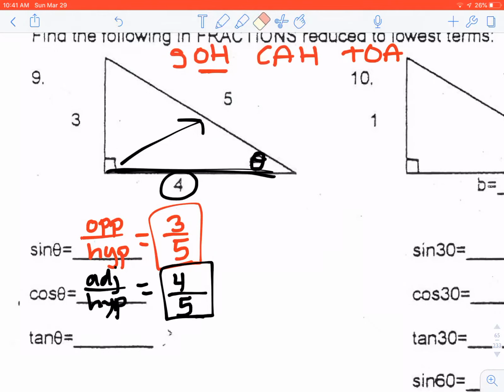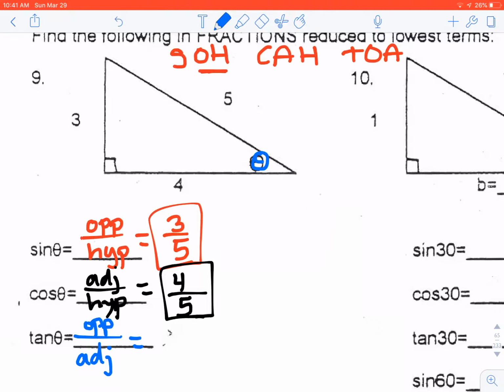Okay, the tangent of theta. Tangent is always opposite over adjacent. The side opposite theta is 3. The adjacent side is 4. Remember adjacent is right next to.